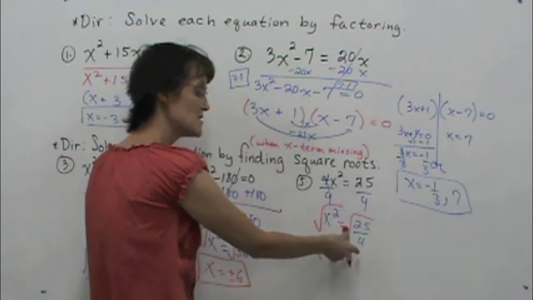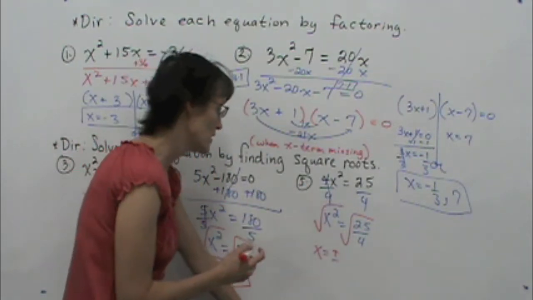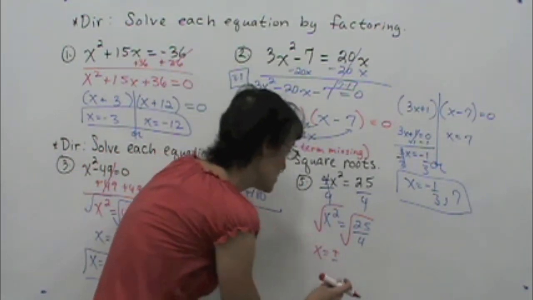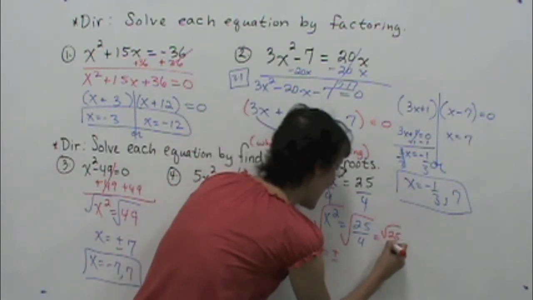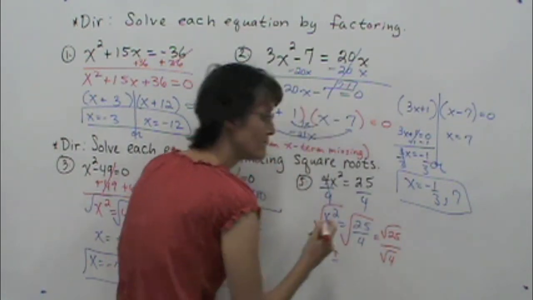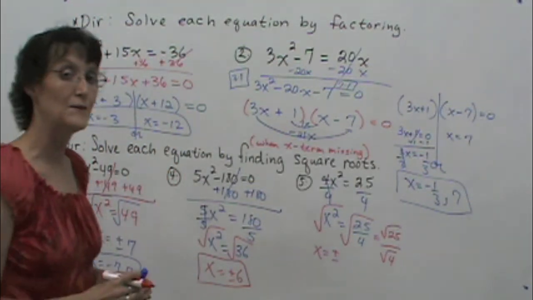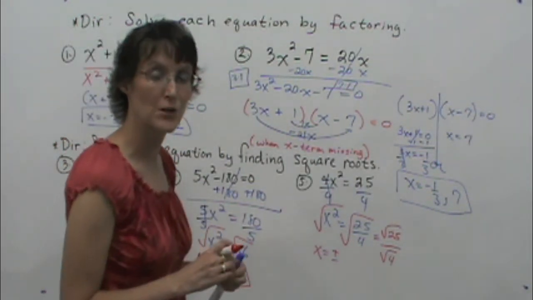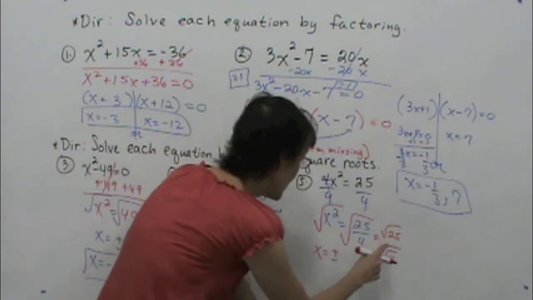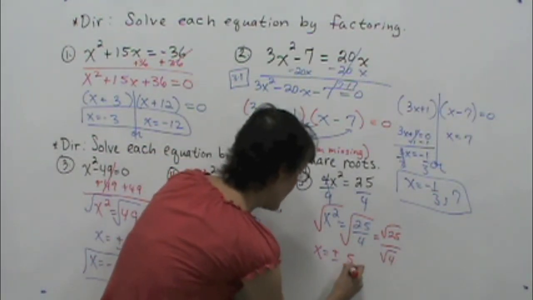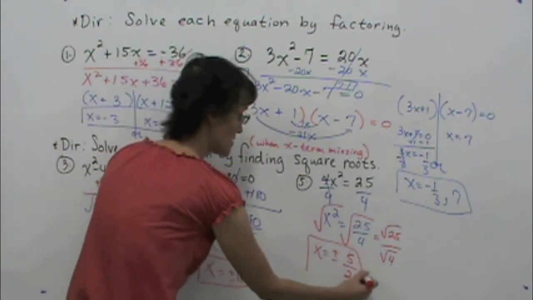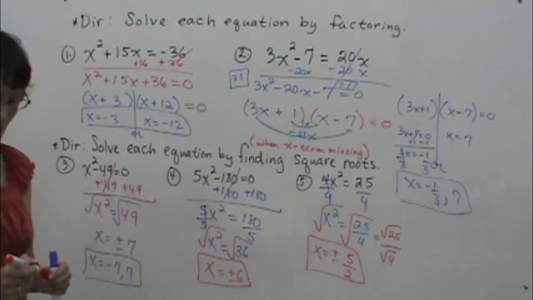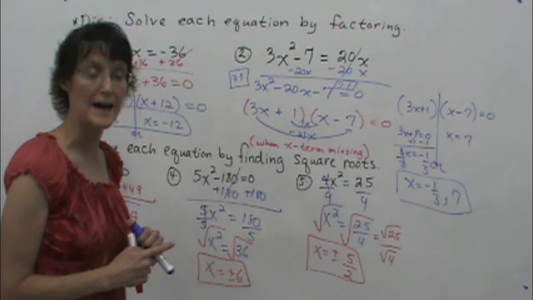And then you just break this up. So you say, what is the square root? This is the same as the square root of 25 over the square root of 4. Okay? And we did that in geometry with our similar ratios, didn't we? And then the square root of 25 is 5 over the square root of 4 is 2. So there's my answer, plus or minus 5/2 or plus or minus 2.5.